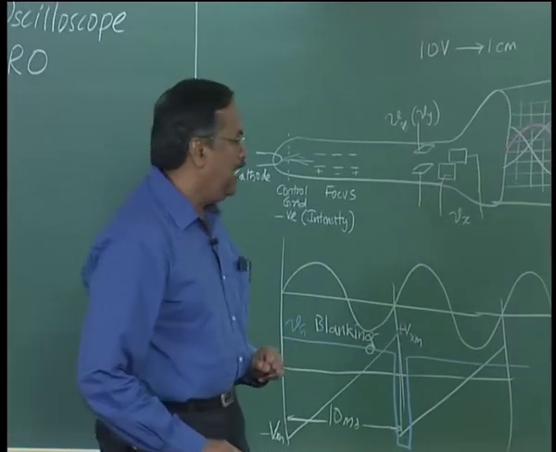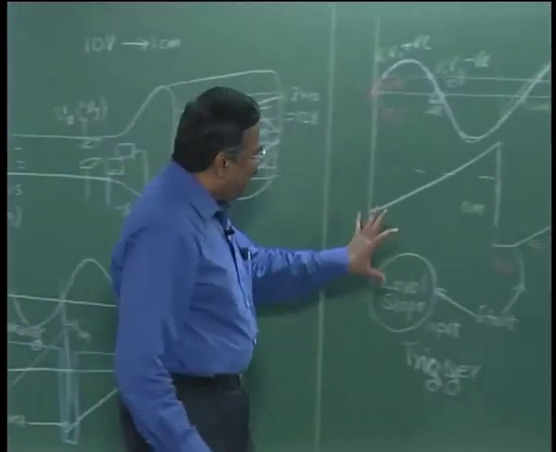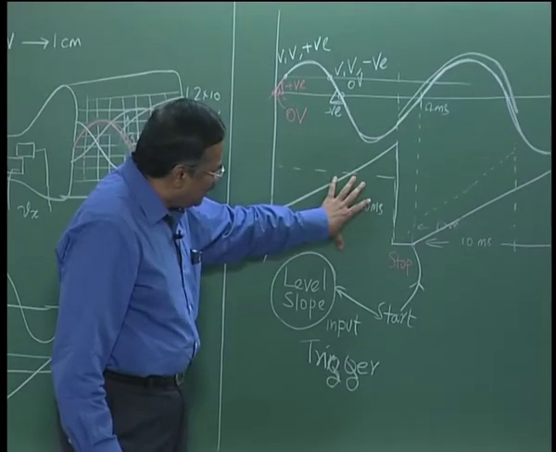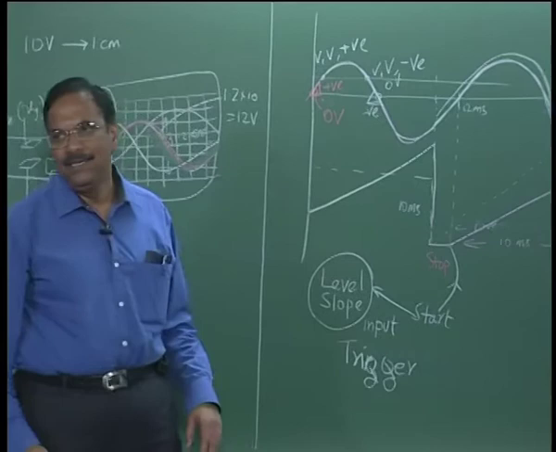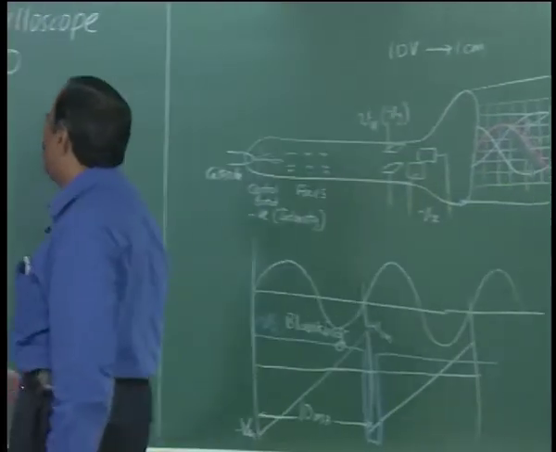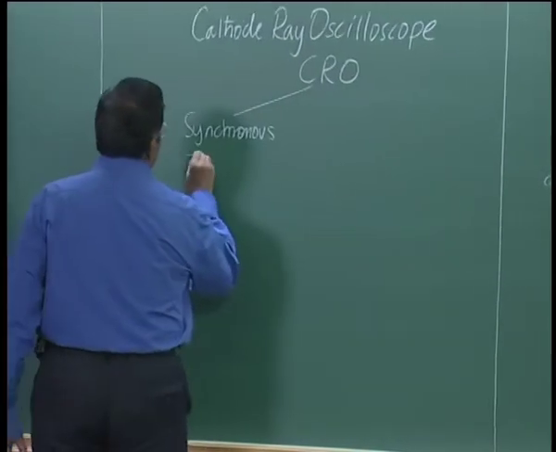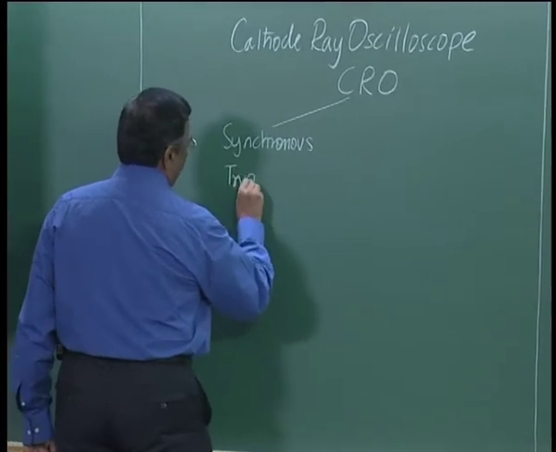Because the sawtooth waveform is started using a trigger point, the oscilloscope is known as a triggered mode oscilloscope.